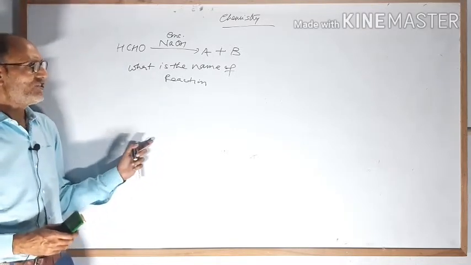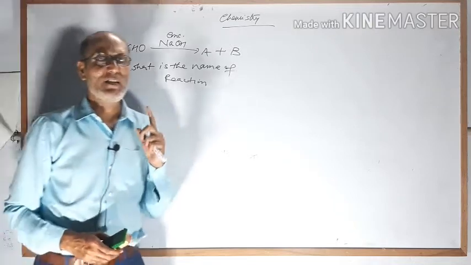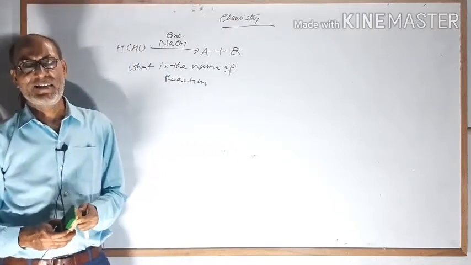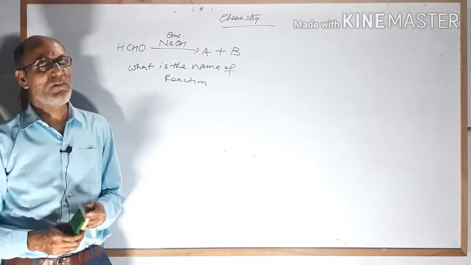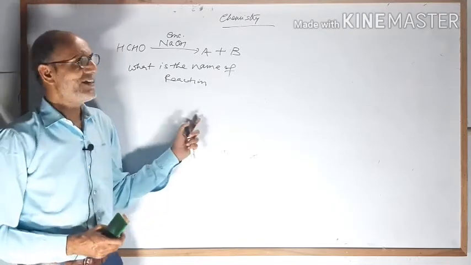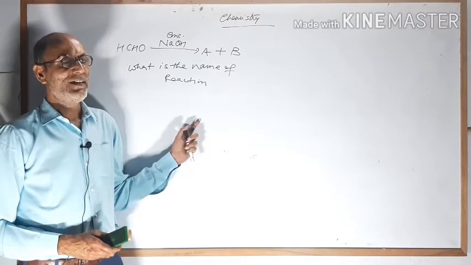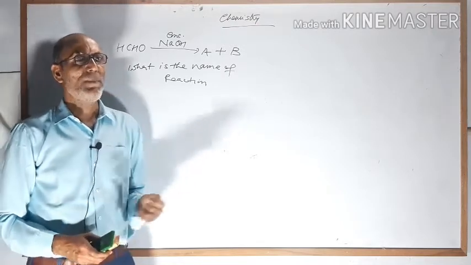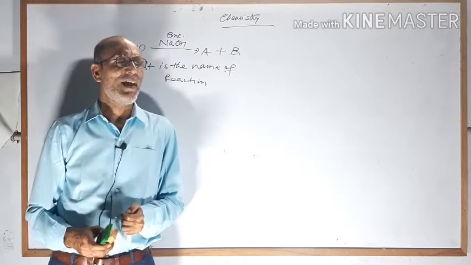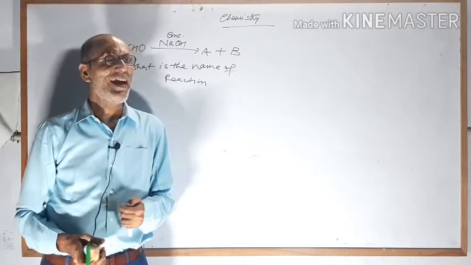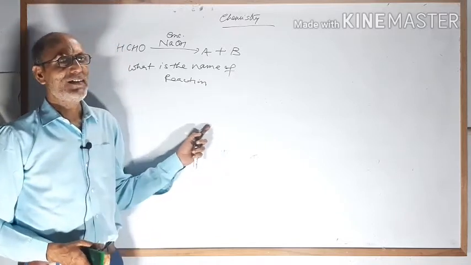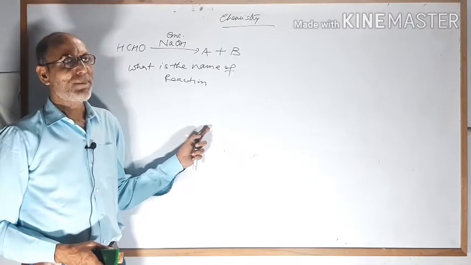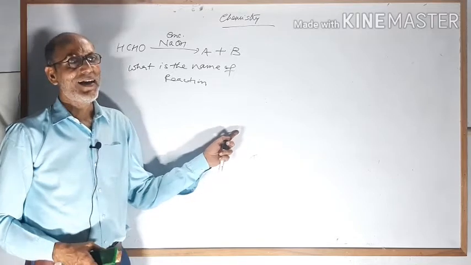So first condition, students: Henry's law is applicable only for ideal gases. This is point number 1. But dear students, there is no ideal gas. So what happened? It also applies for real gases at low pressure and high temperature, because at low pressure and high temperature real gases approach behaving like an ideal gas.